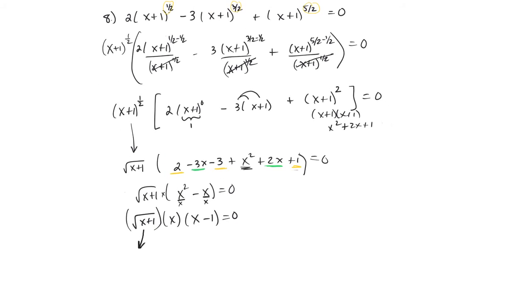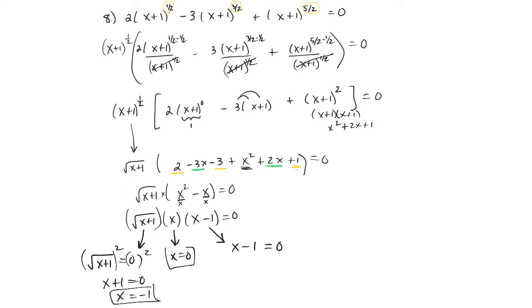That tells me that either the square root of x plus 1 is equal to 0, or x equals 0, or maybe x minus 1 equals 0. Squaring both sides here, I would get x plus 1 equals 0, so x equals negative 1, x equals 0, and x equals 1.